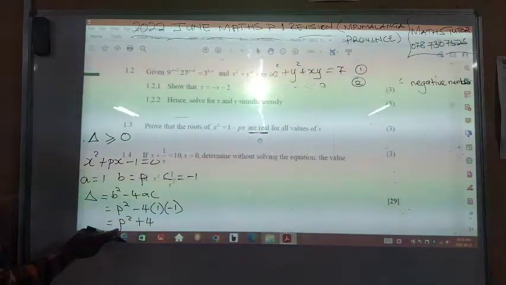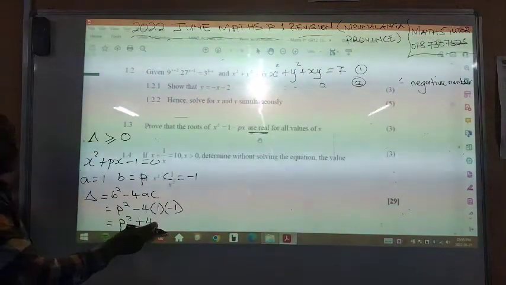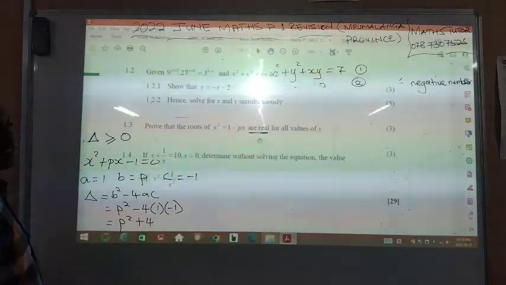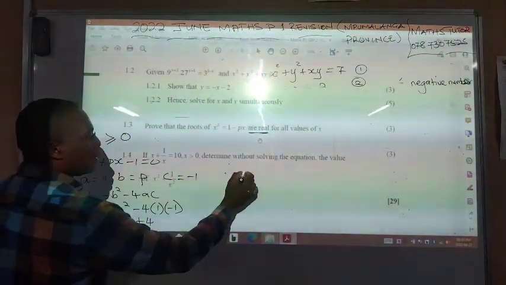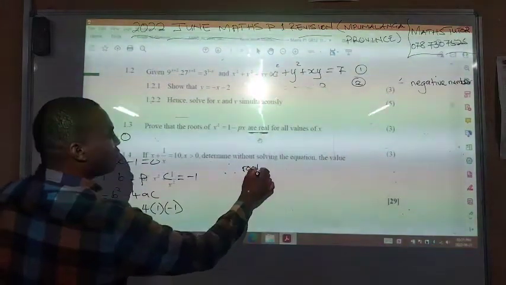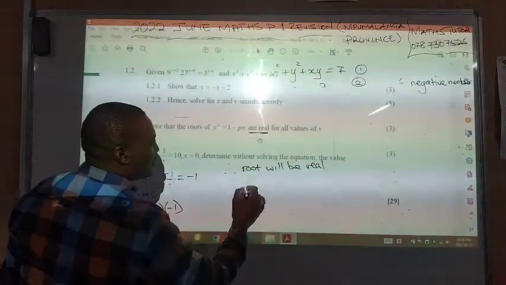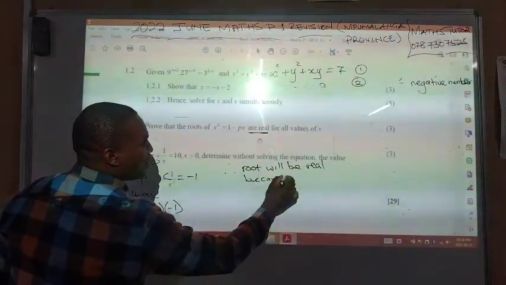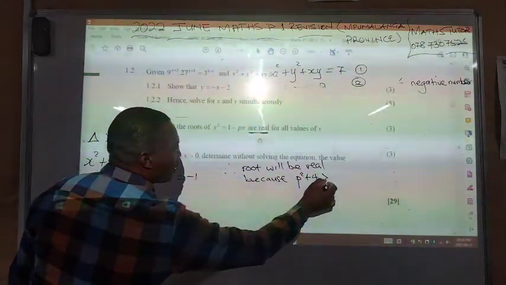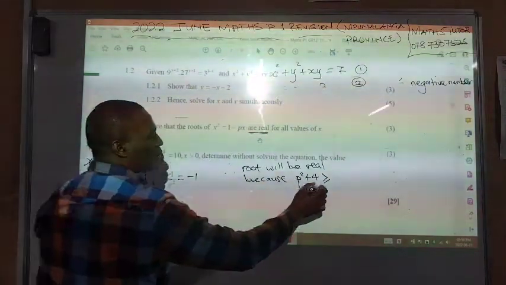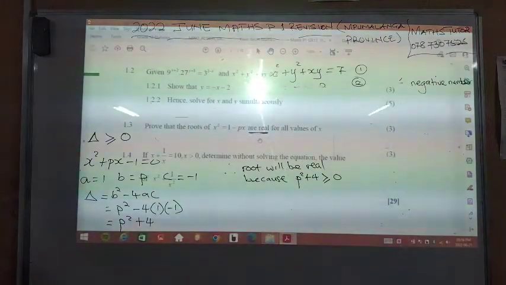And now if we check, p squared will never be negative. Adding 4 will simply add on to a non-negative number. So we are saying therefore, roots will be real because p squared plus 4 will always be greater or equal to 0.